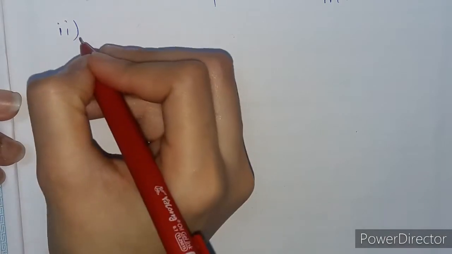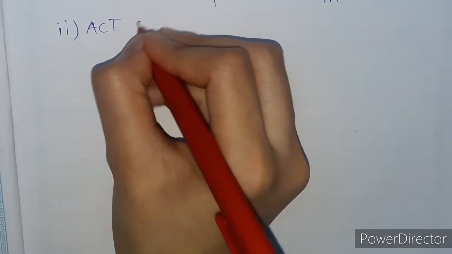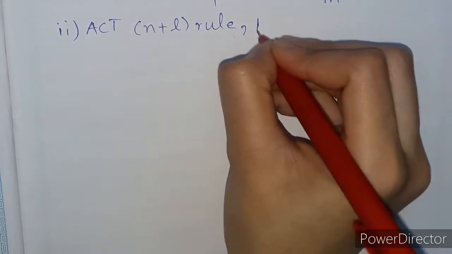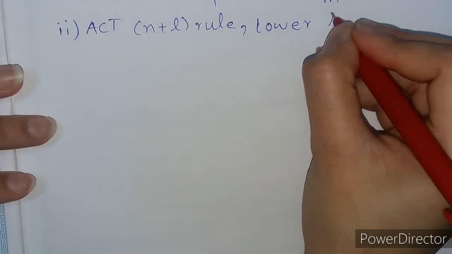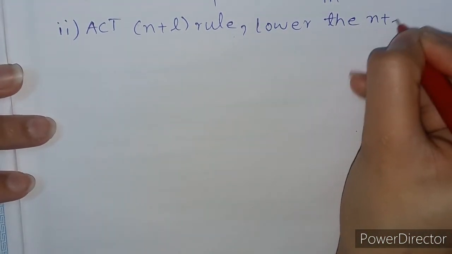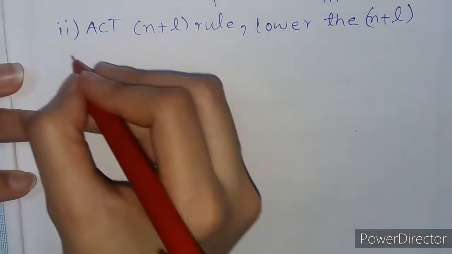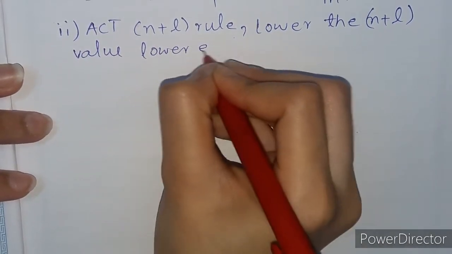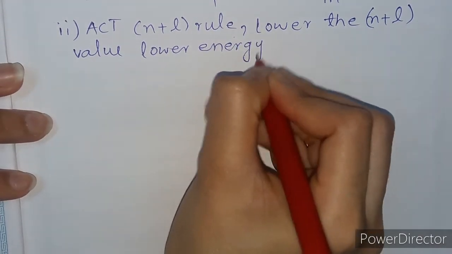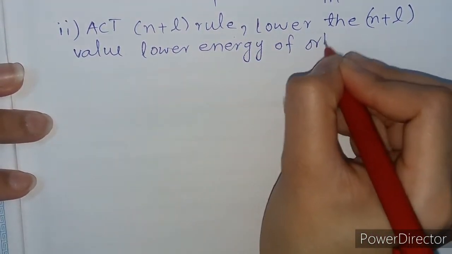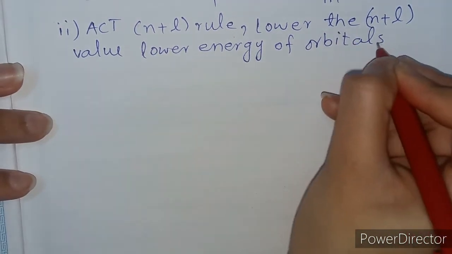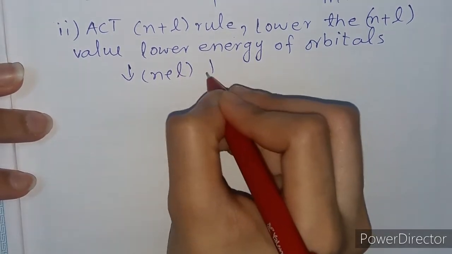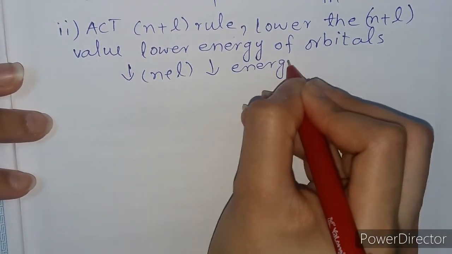Then the second point: according to the n plus l rule, the lower the n plus l value, the lower will be the energy of the orbital.